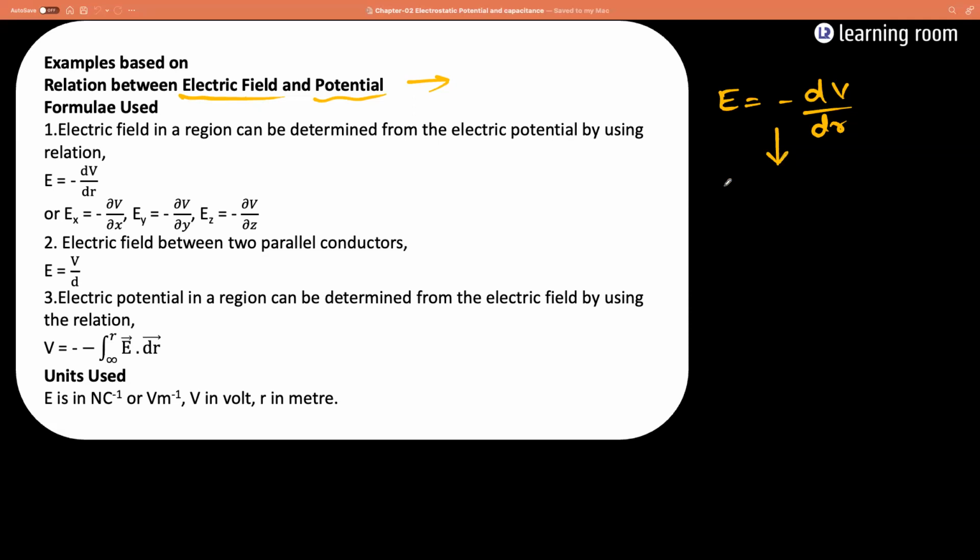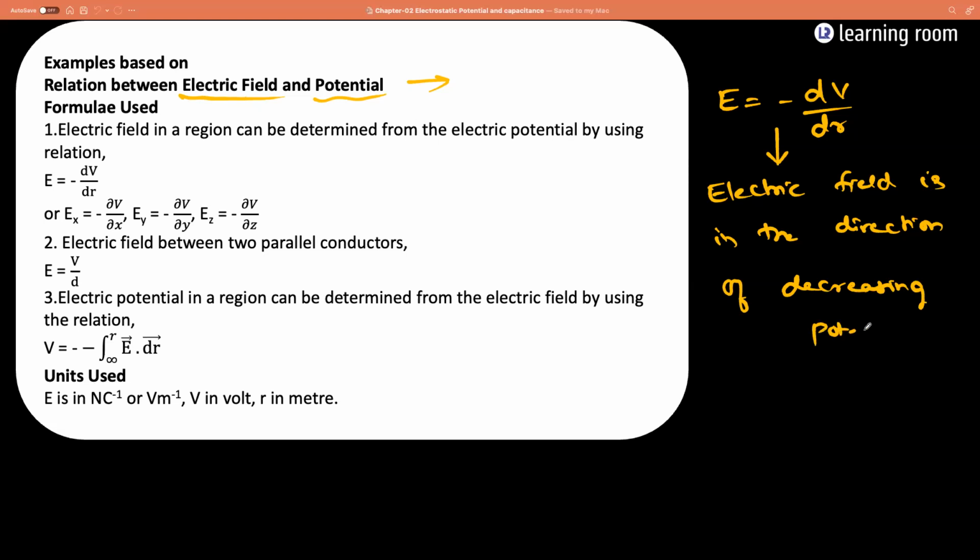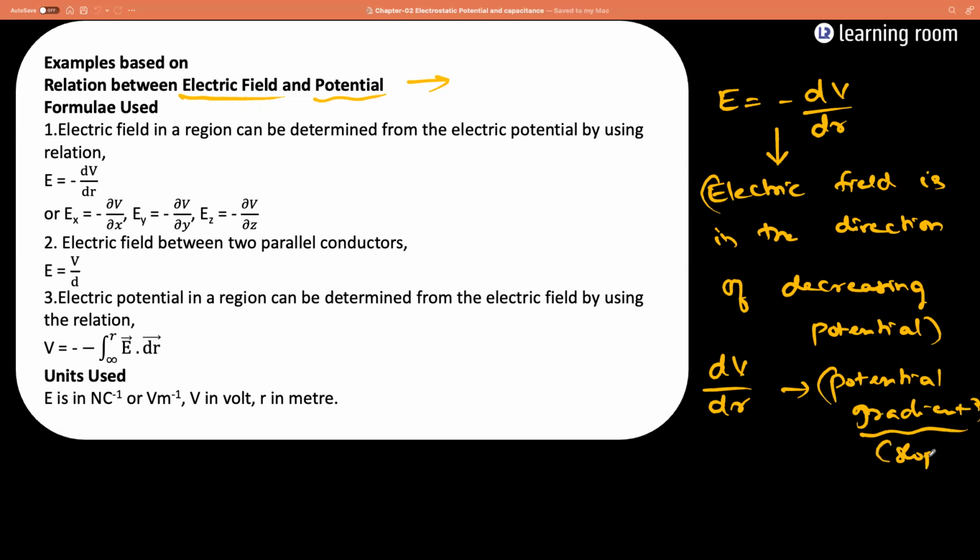The negative sign indicates that electric field is in the direction of decreasing potential. And this dV divided by dr is called the potential gradient. I have already told this. What do you mean by gradient? Gradient is basically another name for slope.